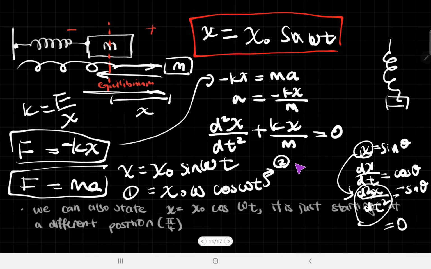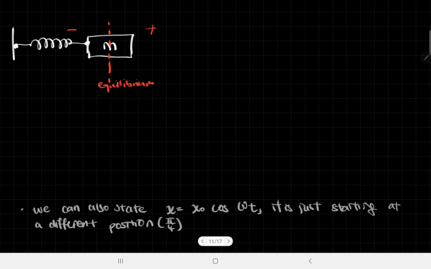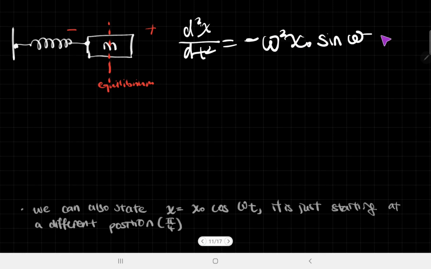The second time we differentiate it, it is going to be the amplitude times omega times negative sine omega t. So let's just delete all of this and start over again. We finally have d squared x over dt squared is negative omega squared times amplitude times sine omega t.